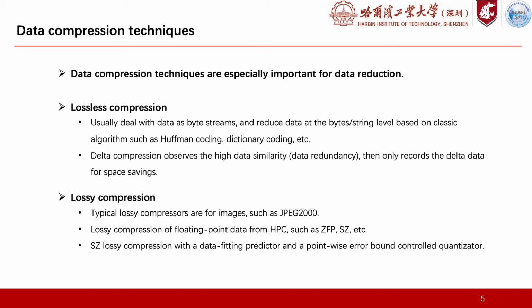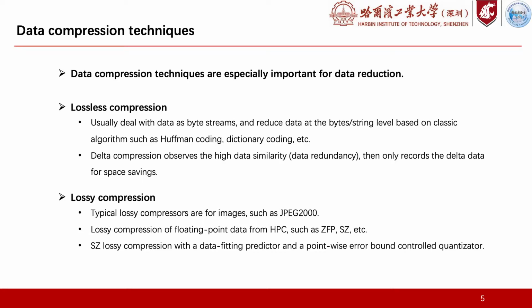Traditional data compression techniques are especially important for data reduction. Generally, data compression can be categorized into lossless compression and lossy compression. Lossless compression has been developed for decades. They usually deal with data as byte streams and reduce data at the byte or string level based on classical algorithms such as Huffman coding and dictionary coding.